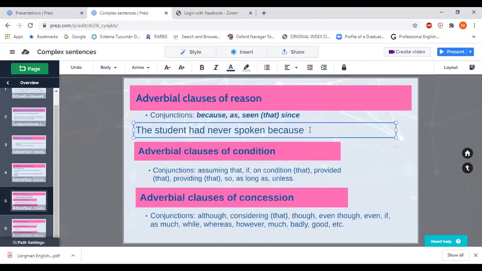Can you people complete this sentence? The student had never spoken because... They are so shy. The student, okay? This is a singular noun. Careful.